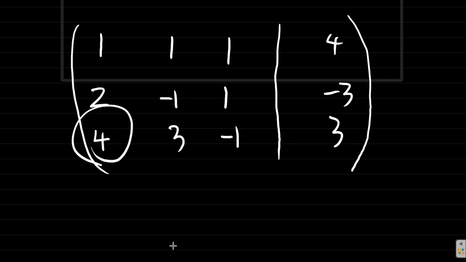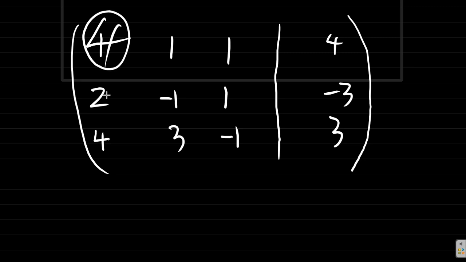So let's try and get a 0 here. One strategy you could use. Remember, it's really simultaneous equations, elimination method. If you multiply this by 4, you're going to get some 4 somewhere.